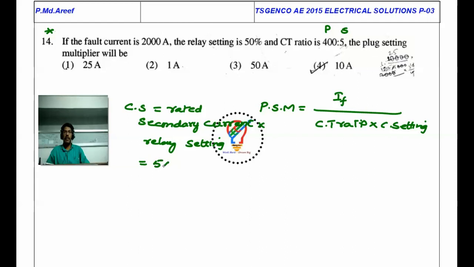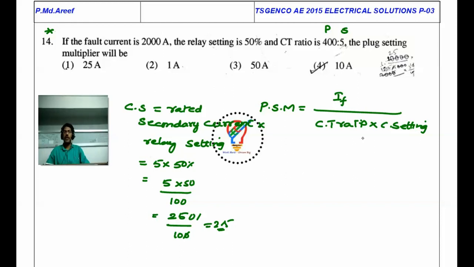So 5 into 50%, which we can write as 5 into 50 divided by 100. We get 250 divided by 100, which is 2.5.